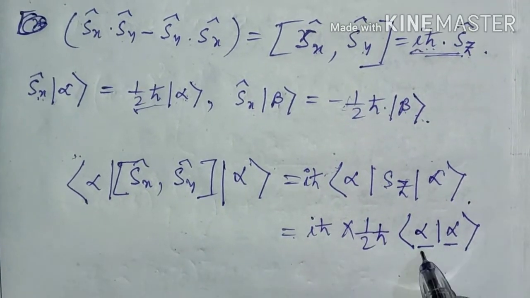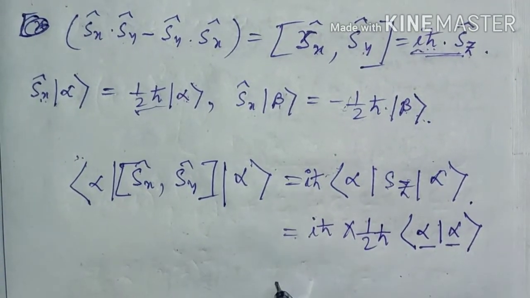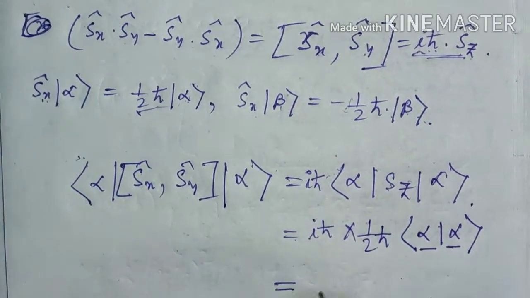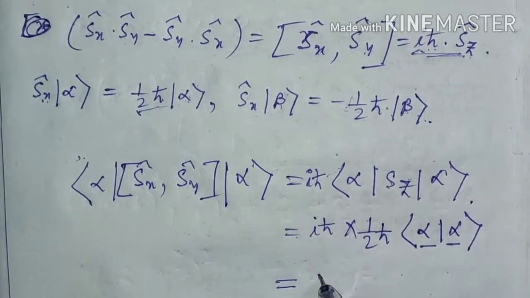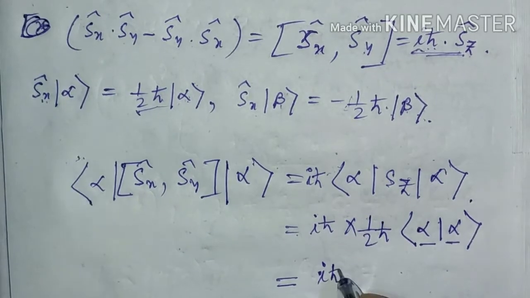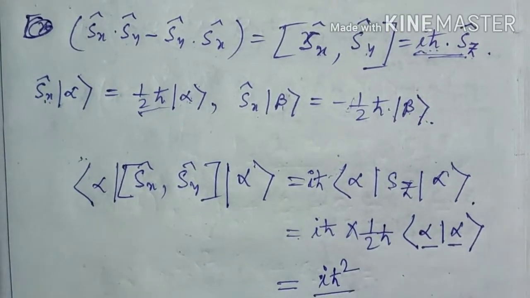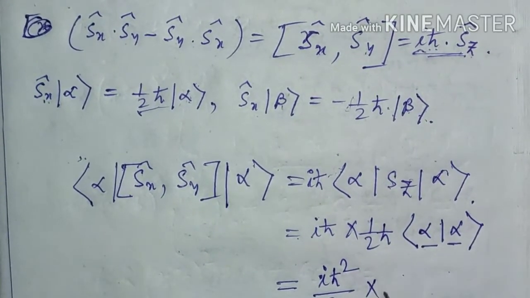now since this is a normalized wave function, in place of this we can write 1, that is iħ² by 2, and it is 1.